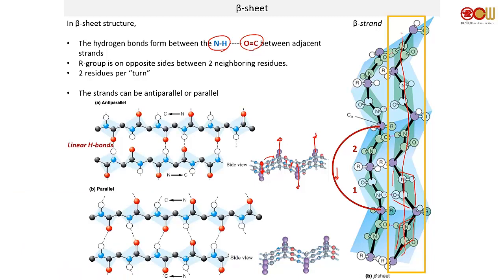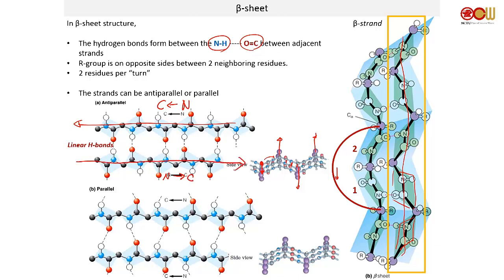Your beta strands can be parallel or anti-parallel. What does that mean? If you have an anti-parallel strand, you go from the N terminus to the C terminus on this strand, and then the strand that does hydrogen bonding with it goes from N to C, so it comes back.